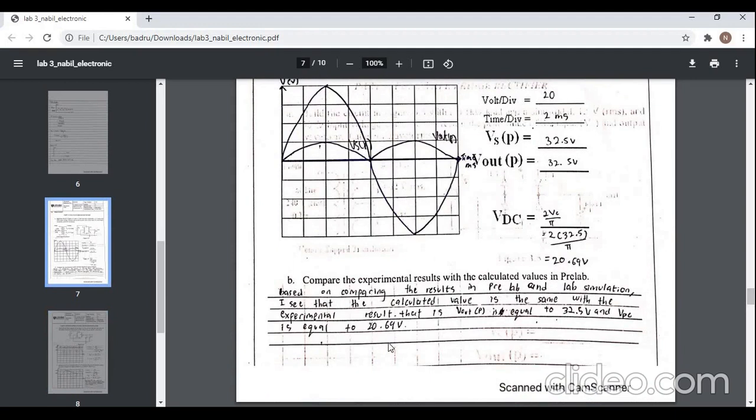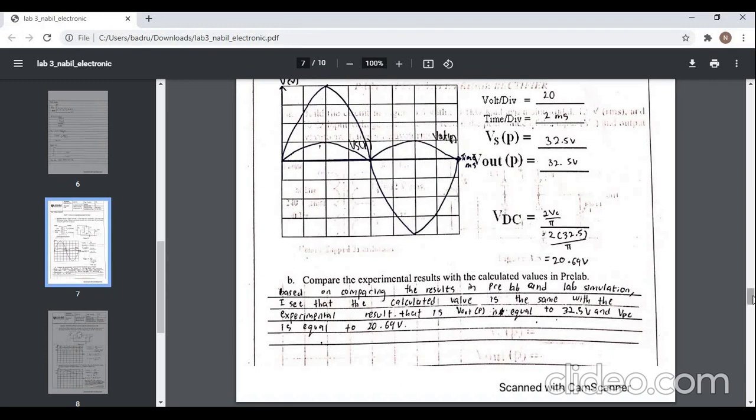So my answer is based on comparing the result in pre-lab and lab simulation. I see that the calculated value is the same with the experimental result. That is, output is equal to 32.5 volt and equal to 20.69 volt.